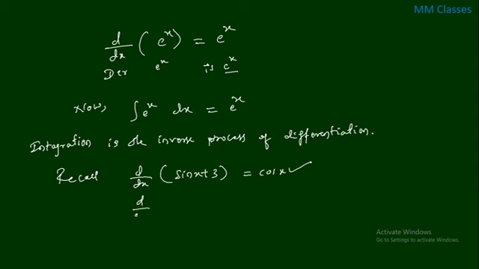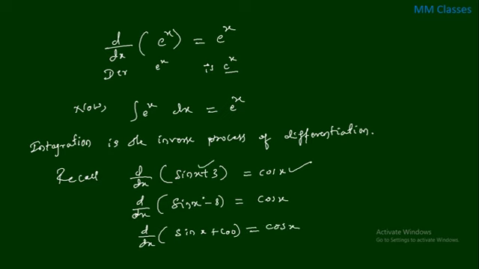And even the derivative of sin x minus 8 is also cos x. Am I right? Even the derivative of sin x plus 100 is also cos x. So the derivative of all these functions is only cos x.